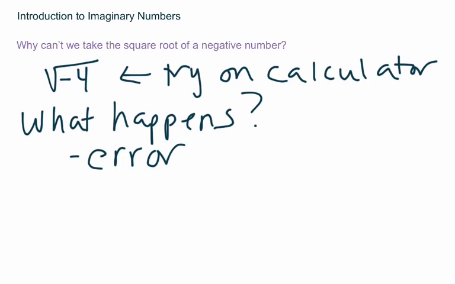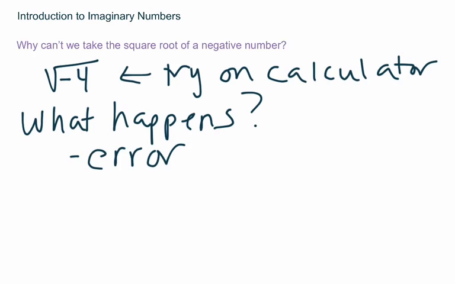A very basic calculator often just has an E pop up on it, just E for error, and it doesn't tell you anything else about it. Some of them will say domain error. Some calculators will say error, non-real answer. Non-real gets into the idea of imaginary. Unless somebody has actually changed a setting on your calculator, which might have happened for some of you, your calculator will give you an error message.